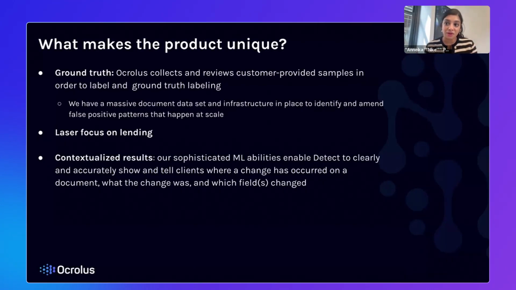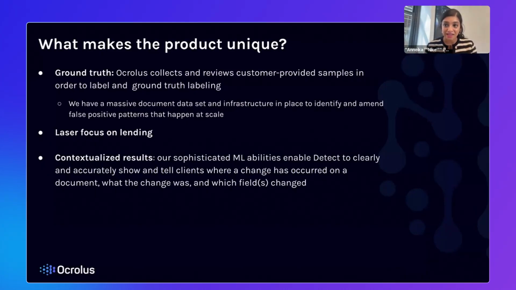We're also typically very focused on lending. We do have customers who come from different backgrounds outside of lending who use our product. For example, we have folks in property management, prop tech, accounting and audit who use the product. That's great. We love that too. But the focus is really on lending.